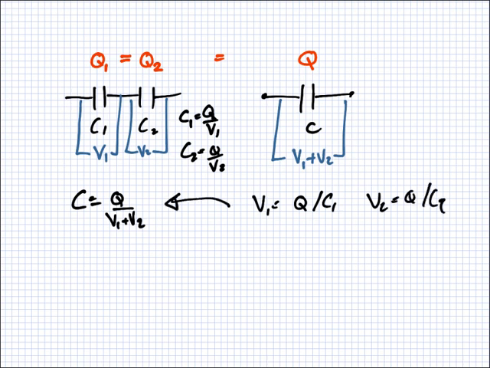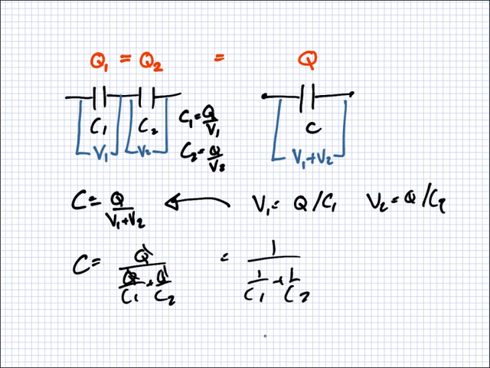That's better. So that means V is Q over C1 plus Q over C2. Cancel the Q: 1 over C1 plus 1 over C2. That's 1 over C. So that means 1 over C is 1 over C1 plus 1 over C2. There we go. Sorry. Thank you, Ben.